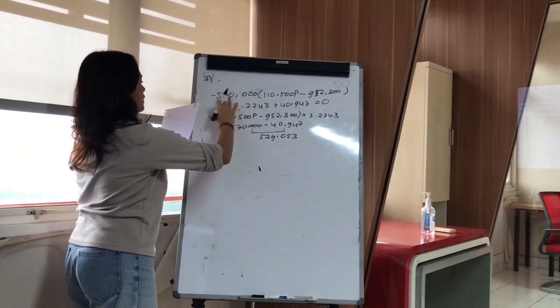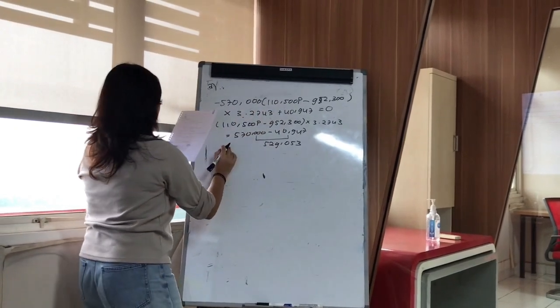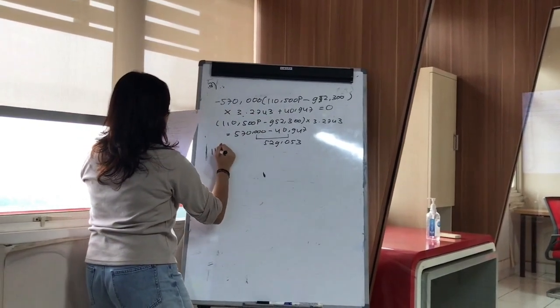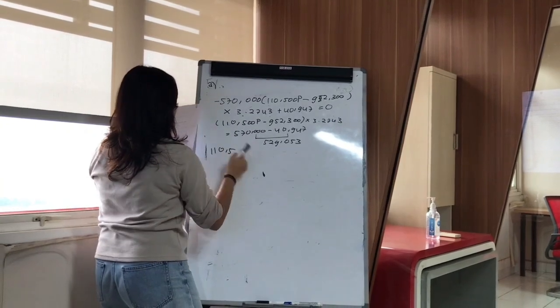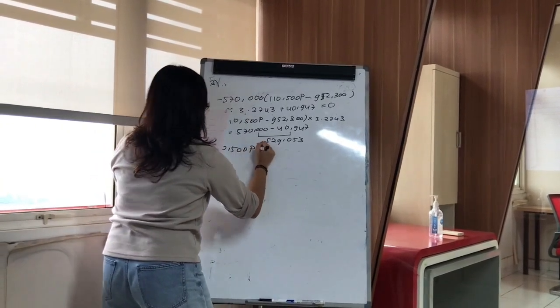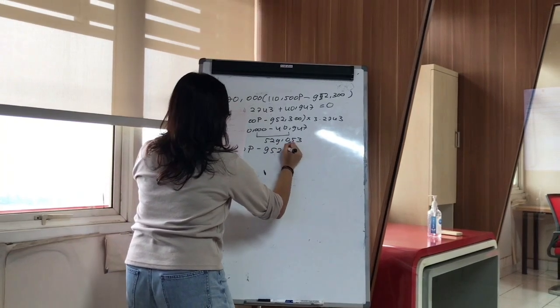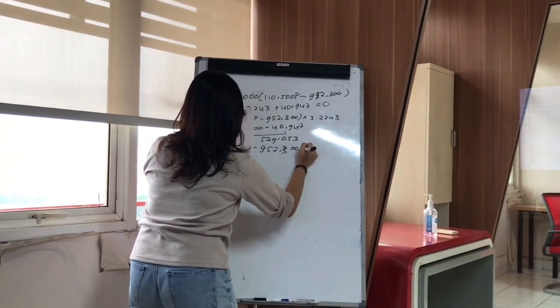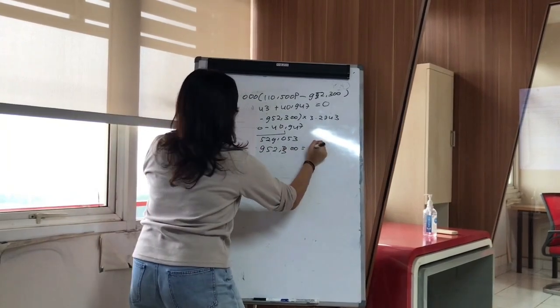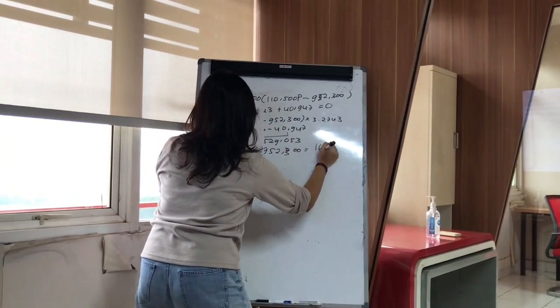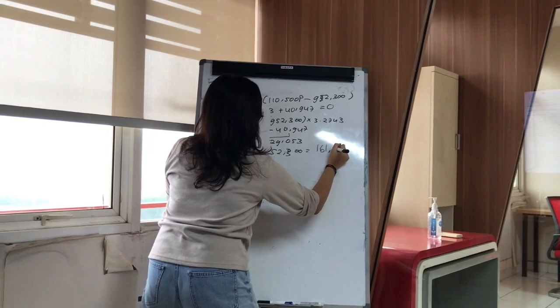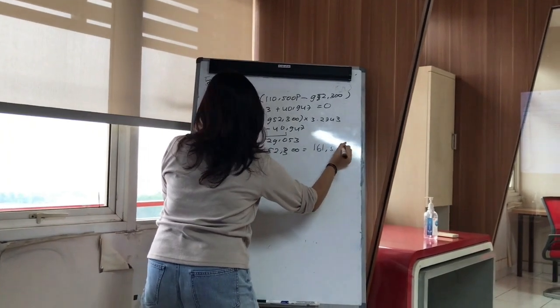Now we have this. We will divide all of the equation with this. And we will get 110,500P minus 952,300 equals to 161,578.